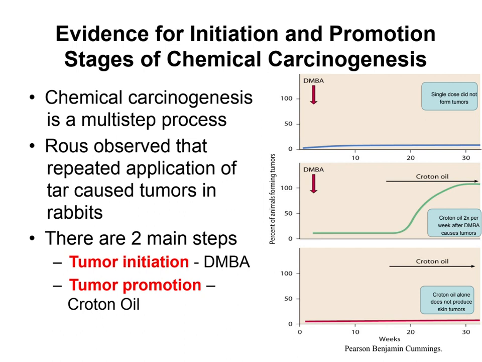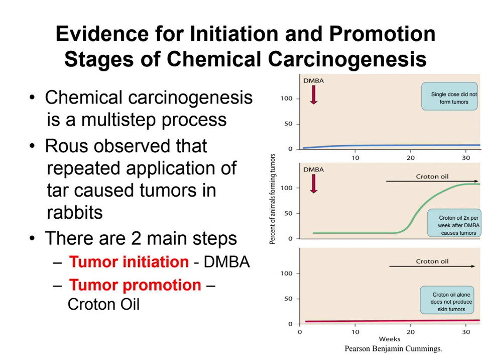So this model is giving us evidence here that we have 2 main steps. One is the tumor initiation event, where we have treatment with a carcinogen. So we have a one-time exposure to a carcinogen. And then 2, we have tumor promotion.